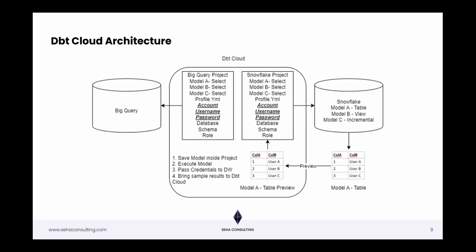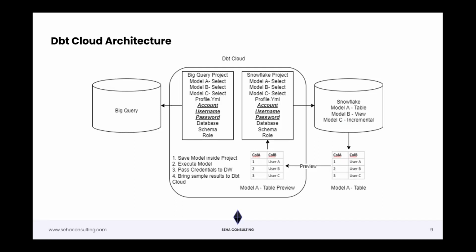Let's talk a little bit about the architecture, how data moves between Dbt when you build a model or execute a SQL statement. I'm going to talk about both Dbt Cloud and CLI. This is your Dbt Cloud server.